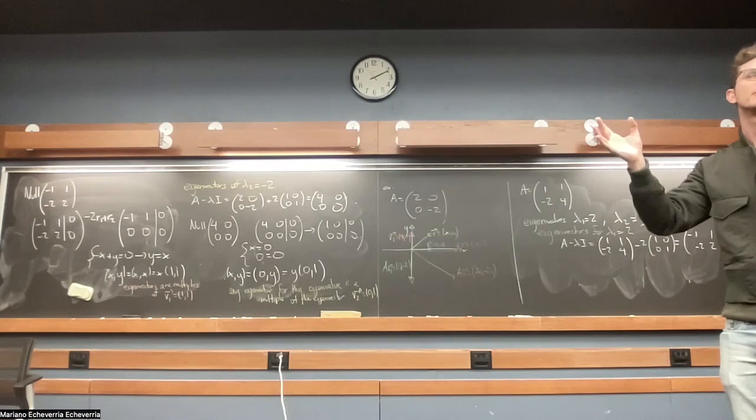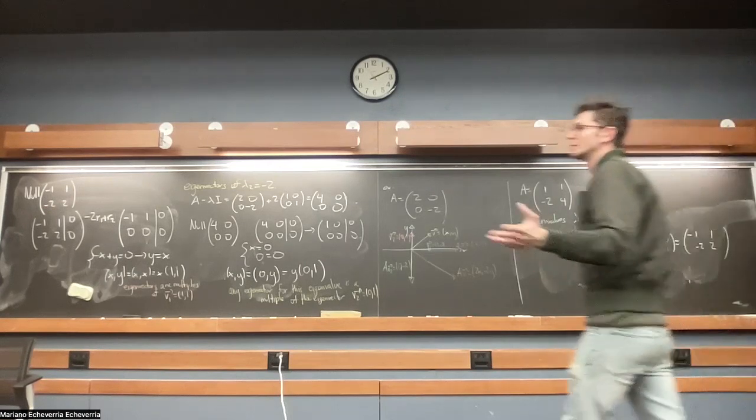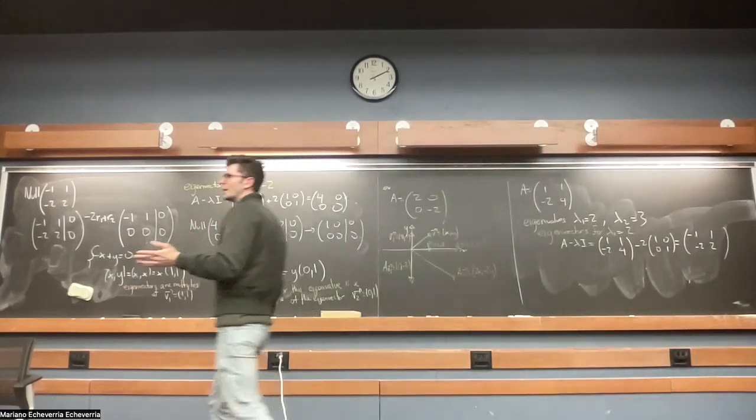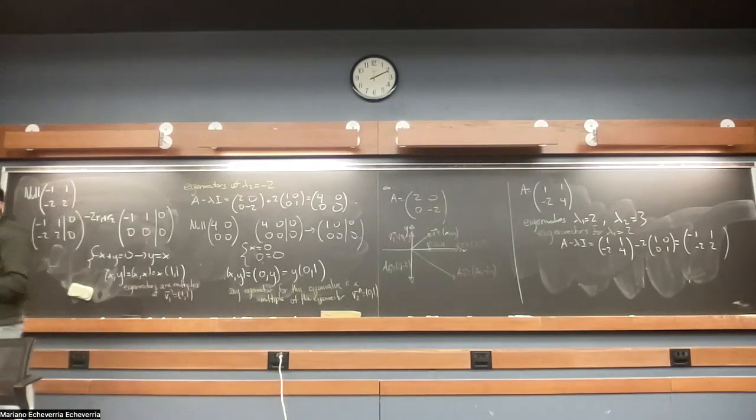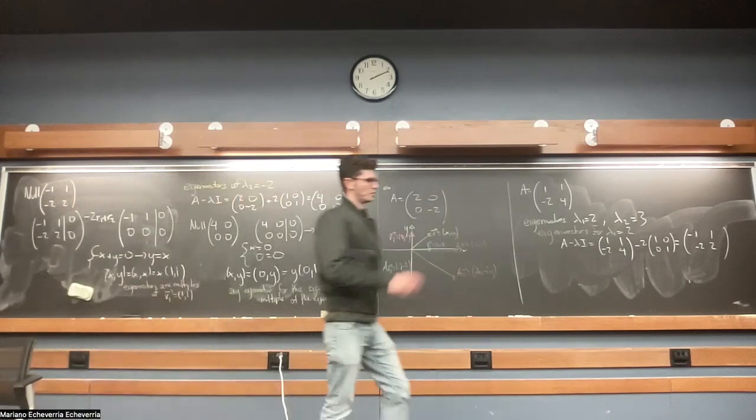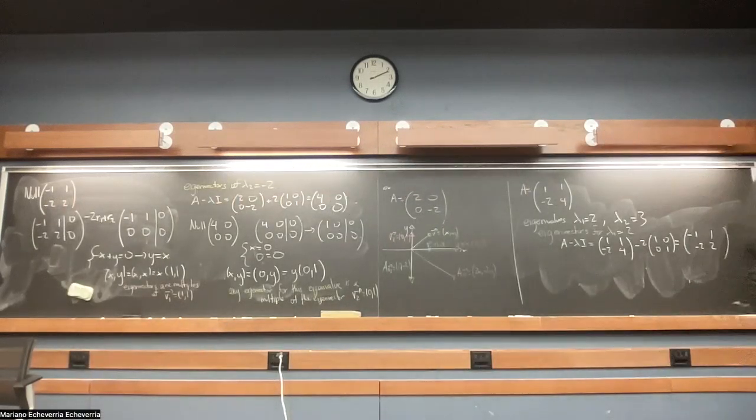The vector 0 is in the null space, but it doesn't count as an eigenvector by default. Any other vector in the null space is an eigenvector. So the only difference between the eigenvectors and the null space is that one includes the vector 0 and the other does not. But besides that, everything else works as well.